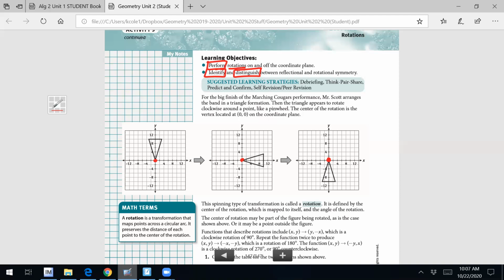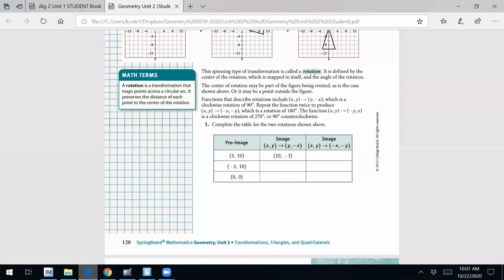Hold on, let me zoom. Okay, so it includes this function where you can see your y and your x switch, but also the x becomes negative. That's for clockwise 90 degrees. It says repeat the function twice to produce the next one.